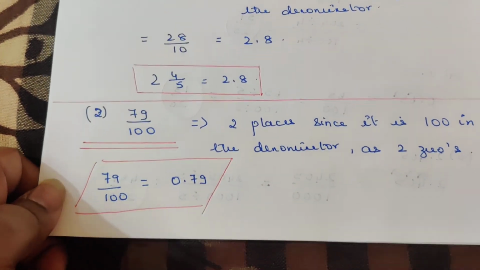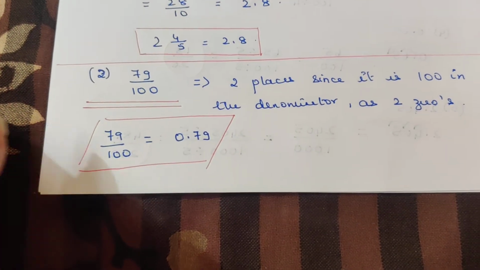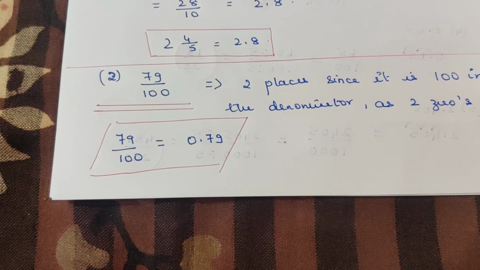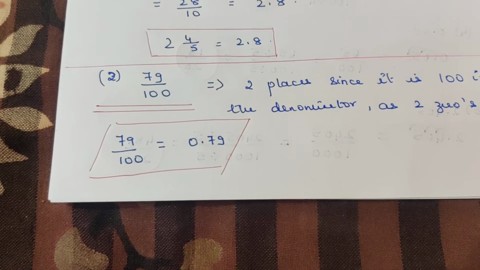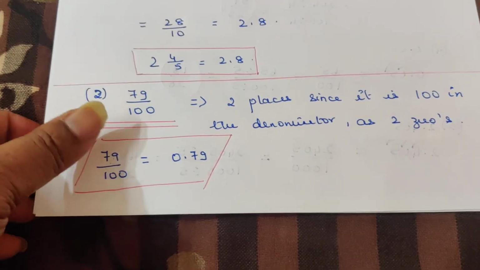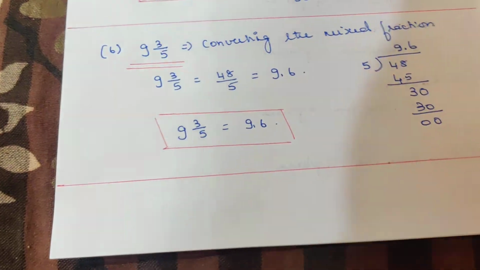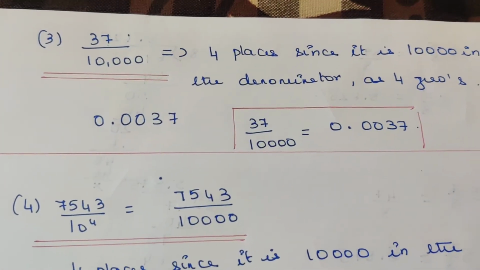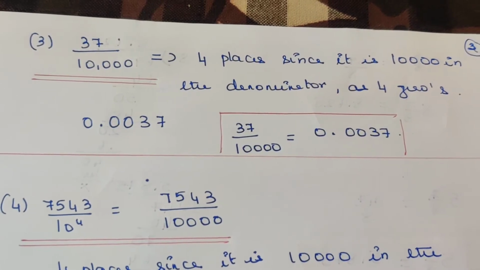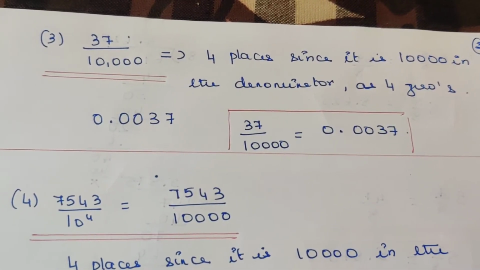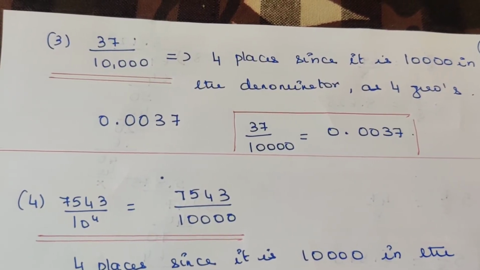79 by 100. Two places, since there are 2 zeros in the denominator, so that becomes 0.79. Hope this is clear. Moving on to the third sum, 37 by 10,000. 4 places, since there are 4 zeros in the denominator. 3, 7 is 2 digits, but you have to put 4 places.